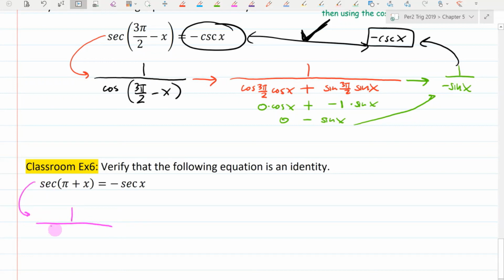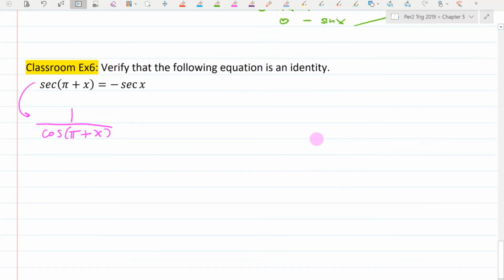This is equal to 1 over cosine of pi plus x. So that's going to give me cosine pi, cosine x minus sine of pi, sine of x, using the sum identity. Cosine of pi is equal to 0. This is equal to 1.